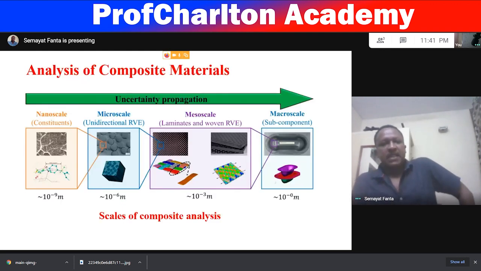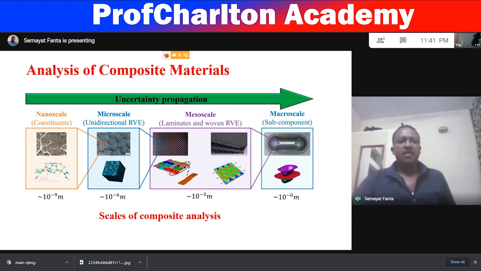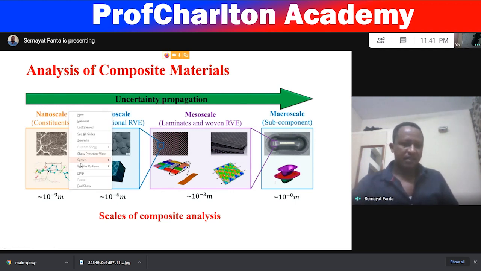So these are the analysis scales, in terms of length scale actually. In terms of length scale, we have the nano scale, that is in terms of 10 to the power of -9.